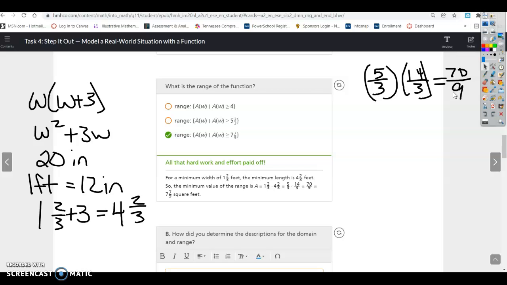And that's 7 times. 7 times 9 is 63, and 70 minus 63 is the 7/9 right here. So all you're doing is working with fractions to figure out what the range is. The domain is your x value, the range is your y value, and so this says that the range has to be greater than or equal to 7 feet and 7/9 of another foot, so almost 8 feet.